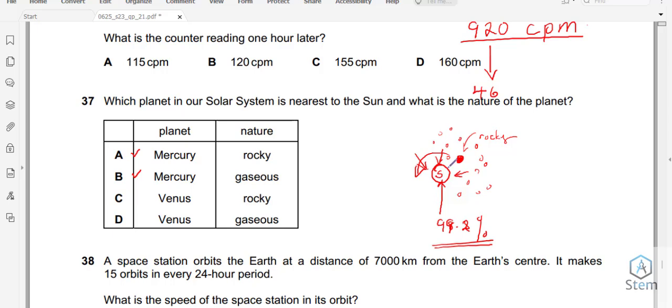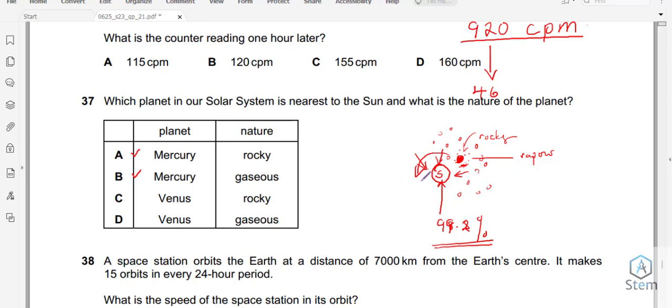The sun is so hot that if any gas were to gather around these planets near the sun, those gases will receive so much heat and they will vaporize. They'll vaporize and they will leave this planet.